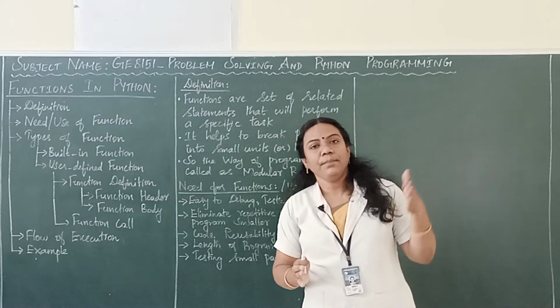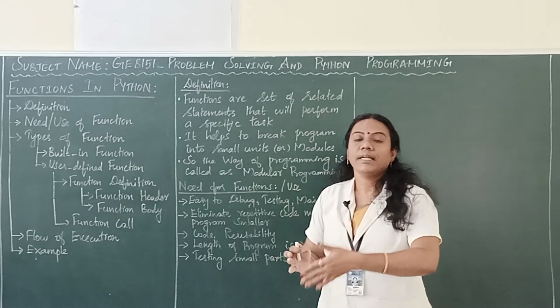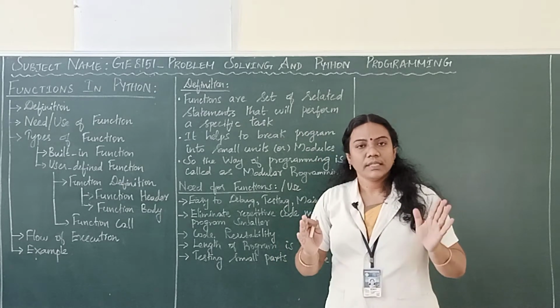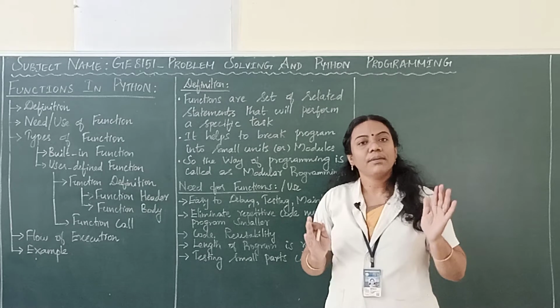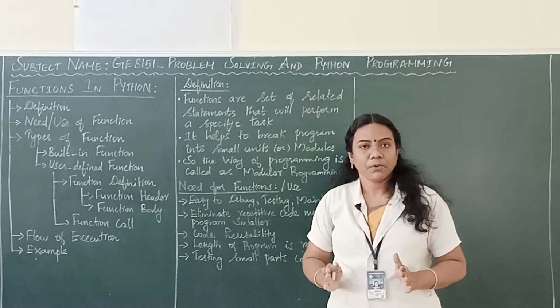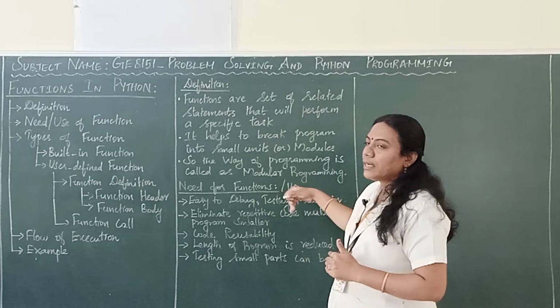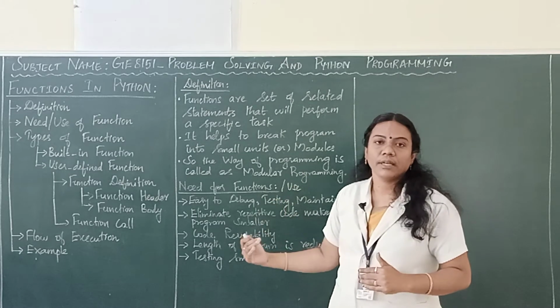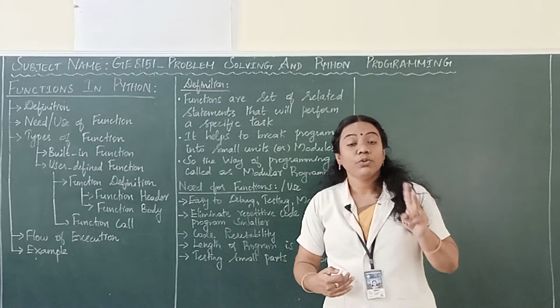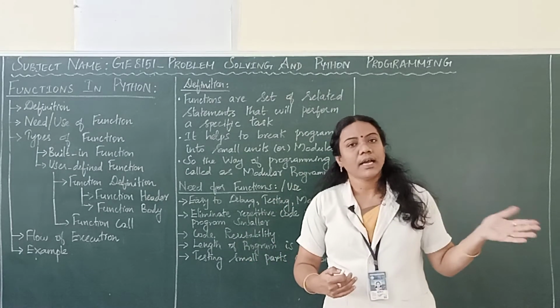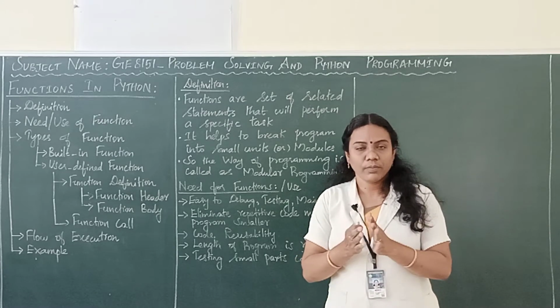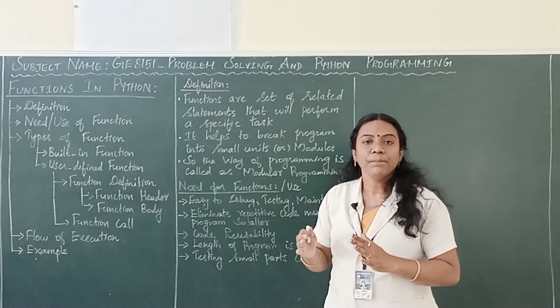We were getting the input, doing the calculation, and displaying the result. But when you enter the concept of function, your program will contain two parts: one is the function part, another one is the main part.